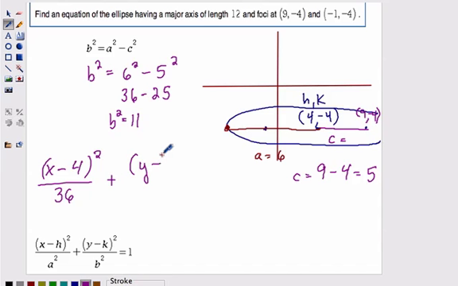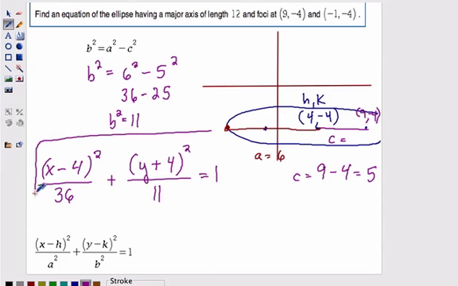So y minus a negative 4 is going to be y plus a positive 4, squared, over b squared. And b squared is 11, and that equals 1. And this is the equation of the ellipse with major axis 12 and foci at (9, -4) and (-1, -4).